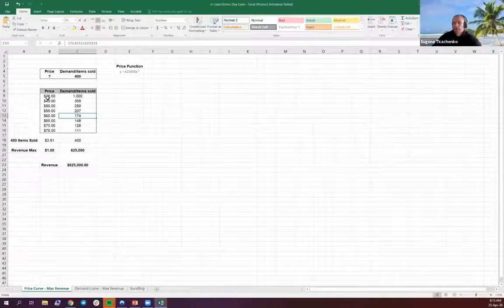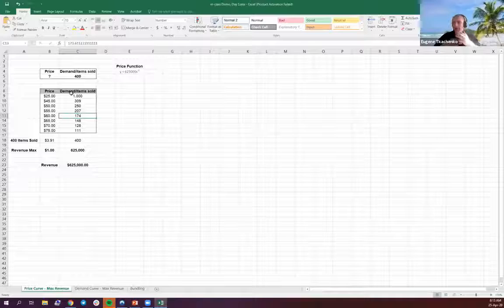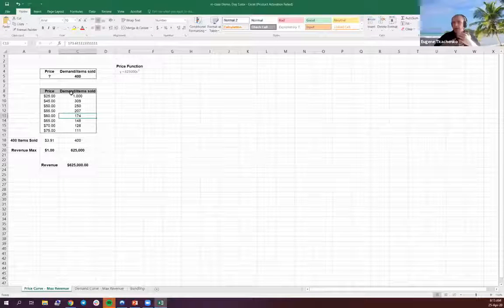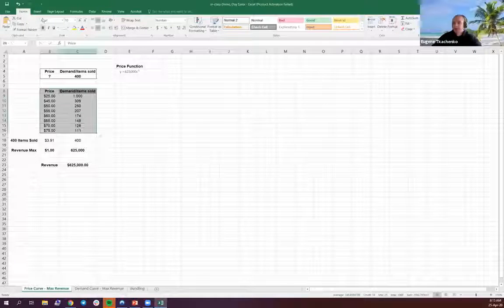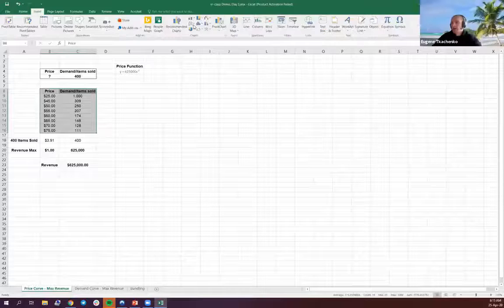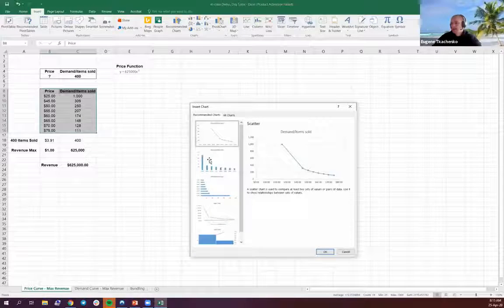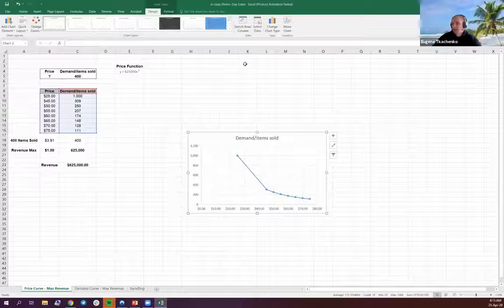First of all, you need to put the price and demand on the graph and understand the kind of relationship. So you need to understand the pricing function. And the easiest way to do it in Excel is just to create a chart. One second. Similar to what you're seeing right now, but usually I prefer to switch them, having price on the left and demand, or the number of products, on the right.